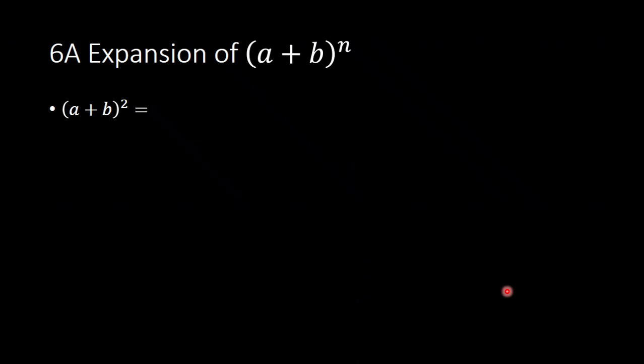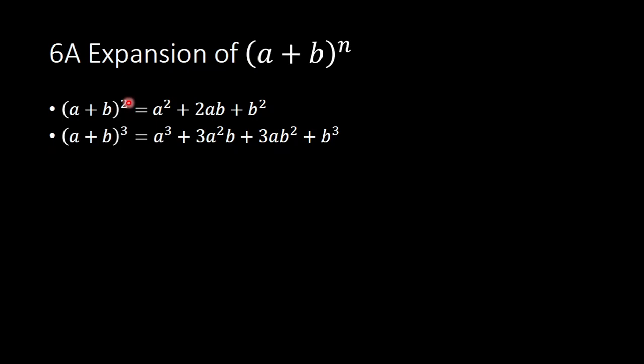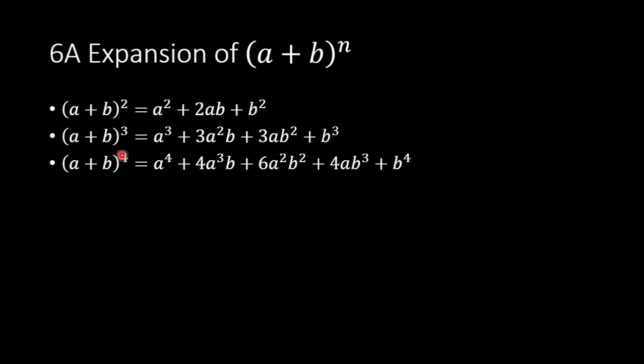Something to link back to the Pascal triangle is how you expand a binomial term raised to the power of n. If it's squared, it's a squared plus 2ab plus b squared. Further down the road, you have power 3, you have power 4, and so on.